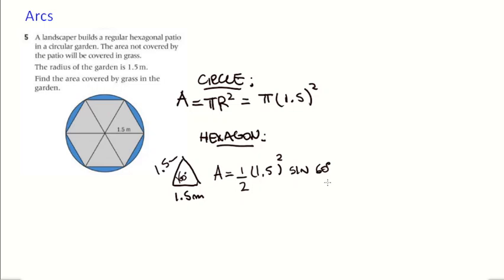Alright, so if we work this out, before we write any digits, let's just keep surds. Alright, so if we just do 1.5 squared divided by 2 and multiply by sine, we would get 9 roots of 3 over 8, right?